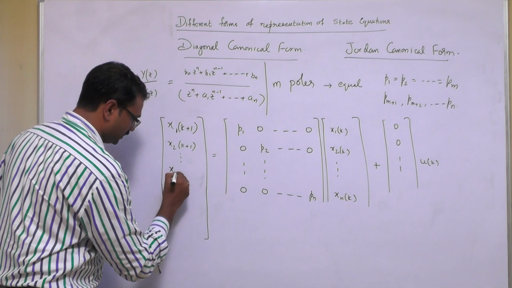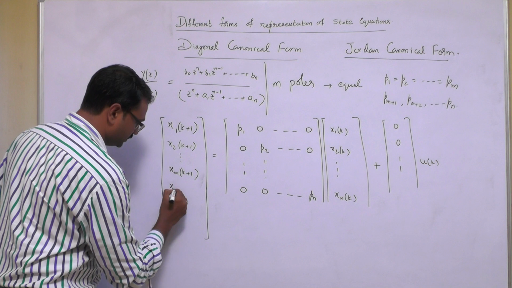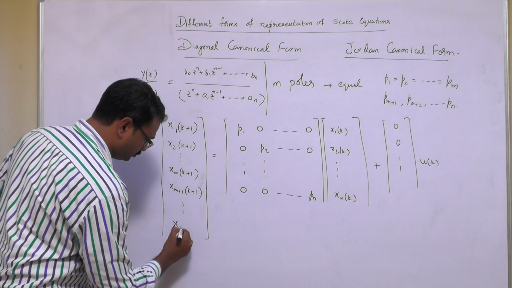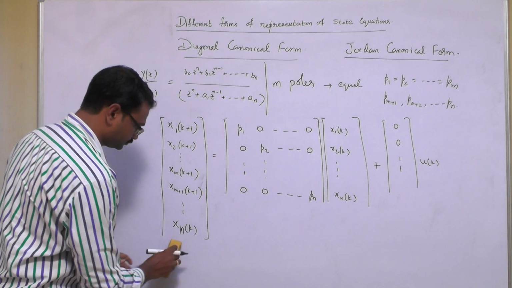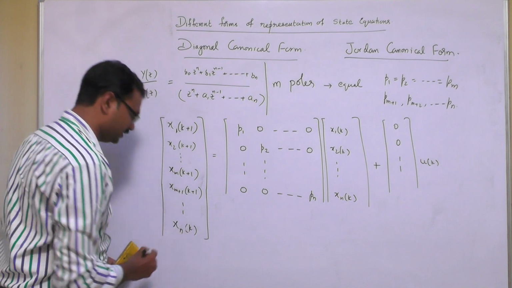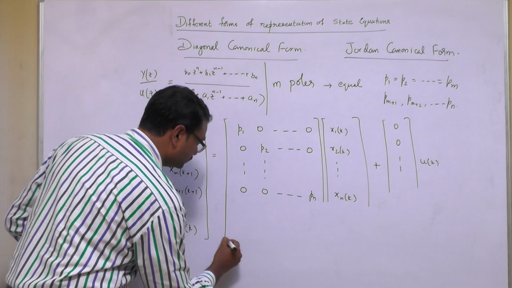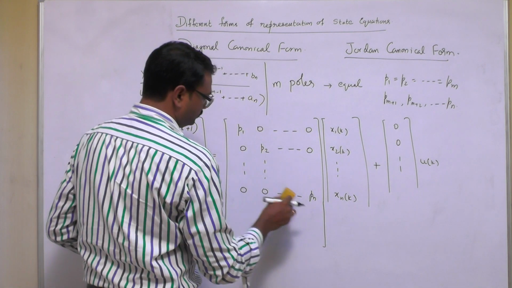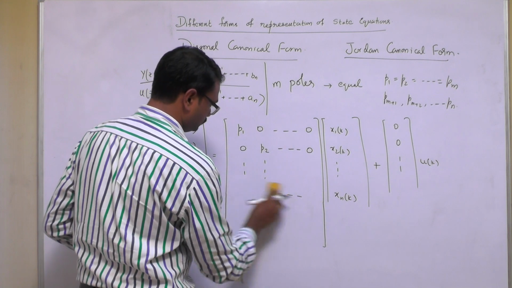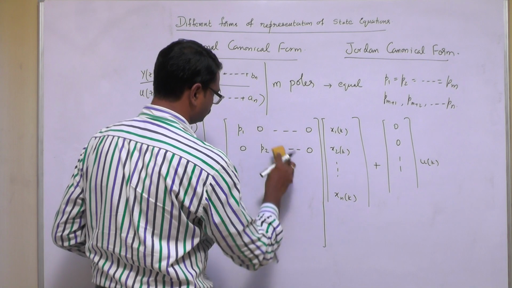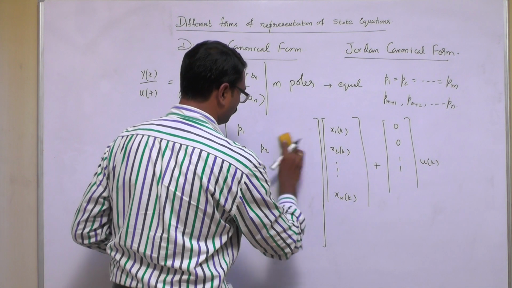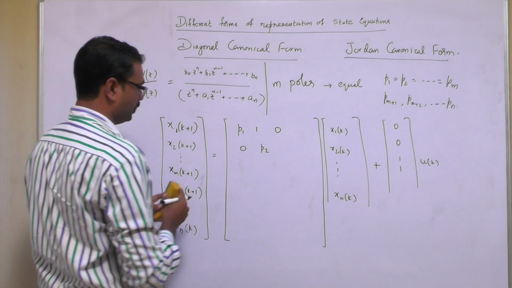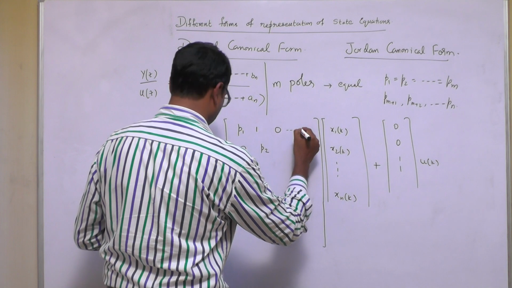So on, xm k plus 1, then x m plus 1 k plus 1, so on, xn k plus 1, which is equal to this matrix with P1, 1, 0, 0, and so on.